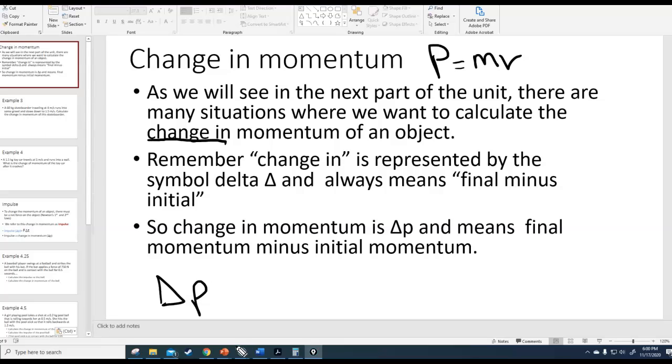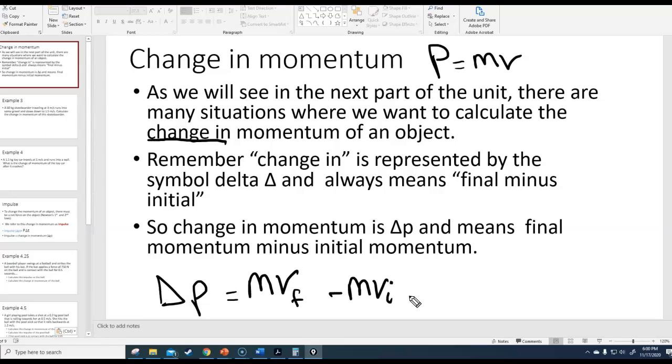In other words, what I'm saying is that change in momentum, because momentum is mass times velocity, if an object is changing its momentum, that would be the mass times the final velocity minus the mass times the initial velocity. Okay, so change in anything is always a final value minus the initial value.